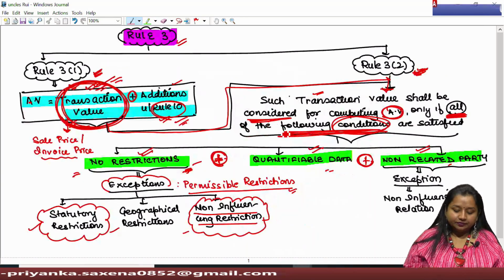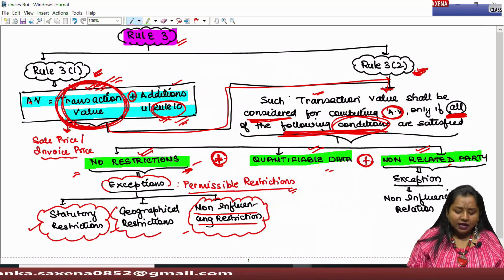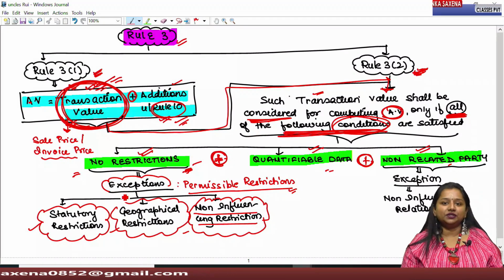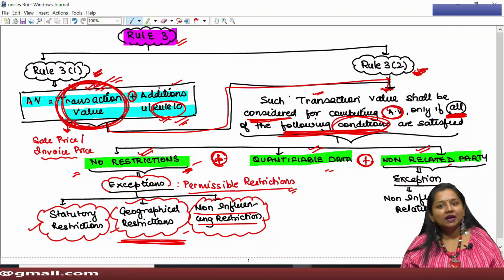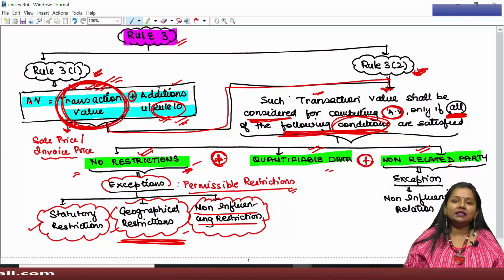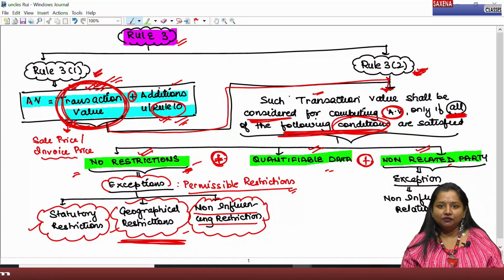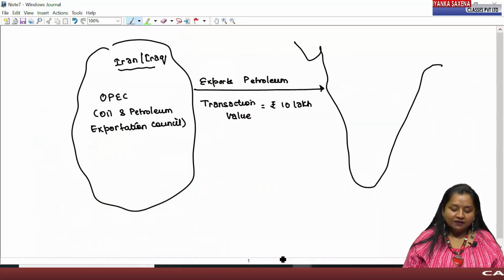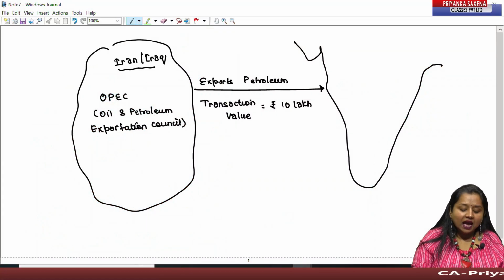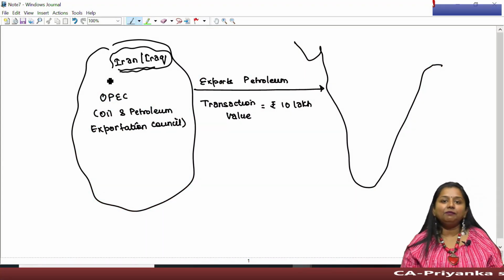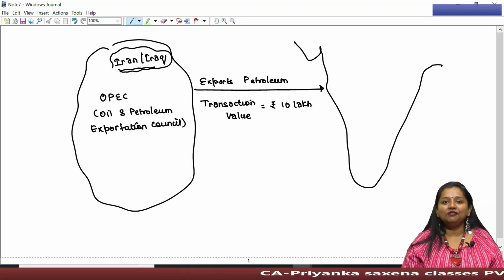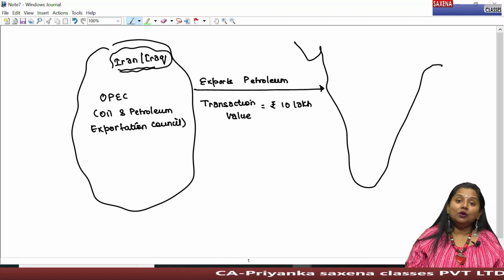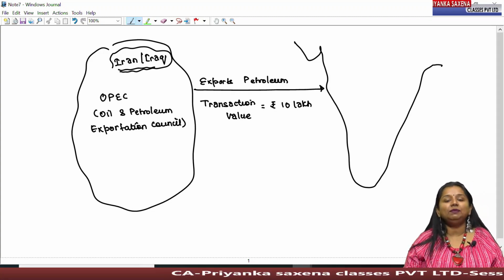Further, they say that there could be certain geographical restrictions. Geographical restrictions means the restrictions imposed by the seller on the buyer to make the supply of such goods within their geographical boundaries. For example, Iraq is the biggest supplier of petroleum crude oil products, and petroleum is a product which has increasing demand over time, but reducing supply because it gets manufactured over a long period of time.